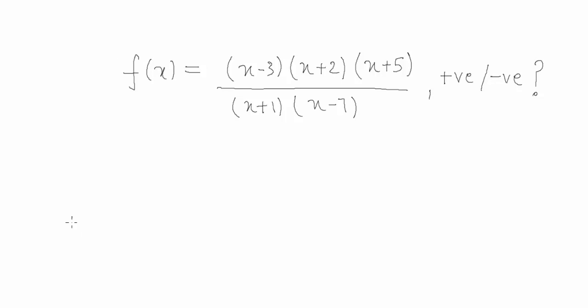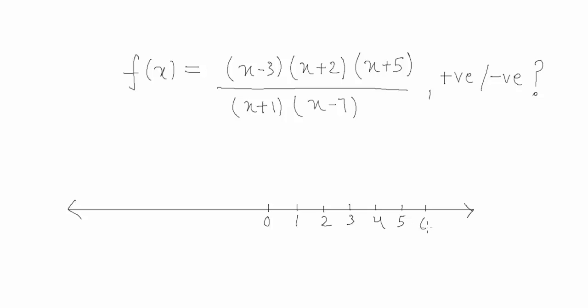So let's draw that. I want to attempt to draw a straight number line, so let me see. So there you go, a number line obviously extends in both directions to infinity. Let's start from here: 0, 1, 2, 3, 4, 5, 6, 7, and I want to go 7 units in the negative direction.